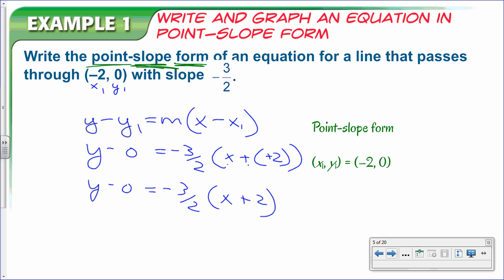So we don't have to do anything with the y or the x. Now, you would if it asked you to put it in slope intercept form, or it asks you to do standard form, right? Then I would have to move some things around, right? Okay, we'll do an example like that here in just a second, and I'll show you how to do that.